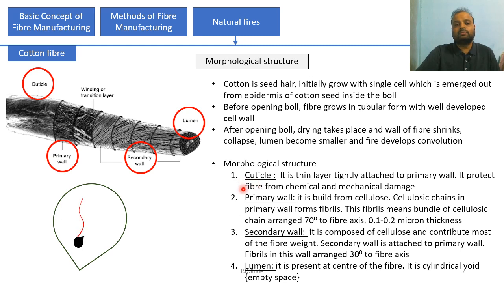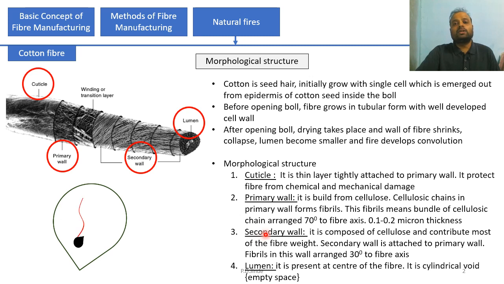And most importantly, the primary wall, which is also built from cellulosic material and is tightly attached to the secondary wall, has its fibrillar structure placed at about 70 degrees to the axis of the fiber, and its thickness is about 0.1 to 0.2 micron.